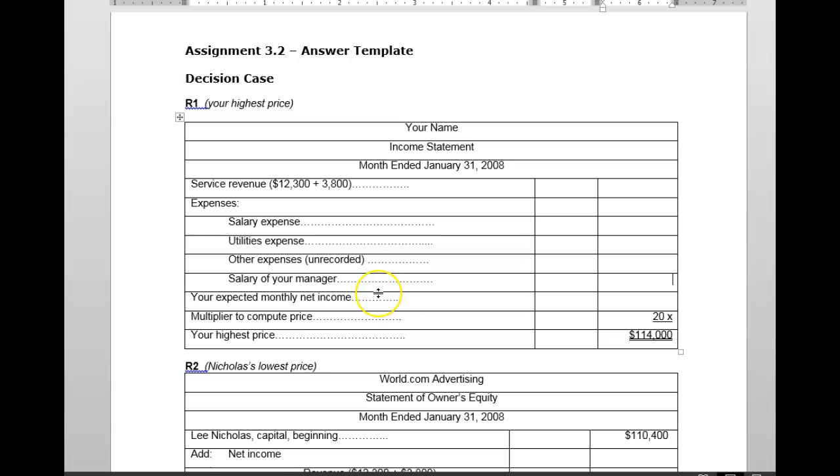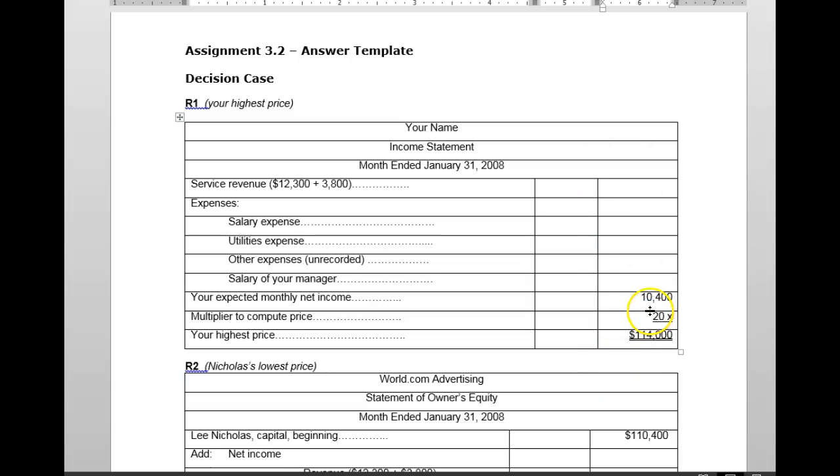So your expected net income, if you have revenues here, expenses here, this will give you your expected monthly income, and that actually comes to $10,400. You have to fill in the blanks up here.